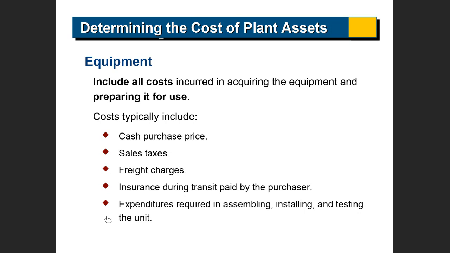Okay? When it's on the way to your location, sometimes it's very expensive equipment, you have to insure it so that if something happens on the road, the insurance company will bear the cost. Okay? Follow.